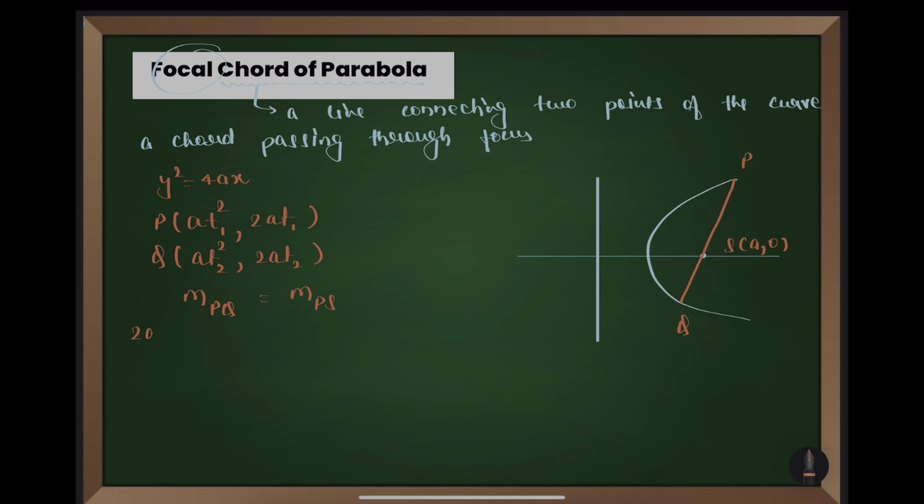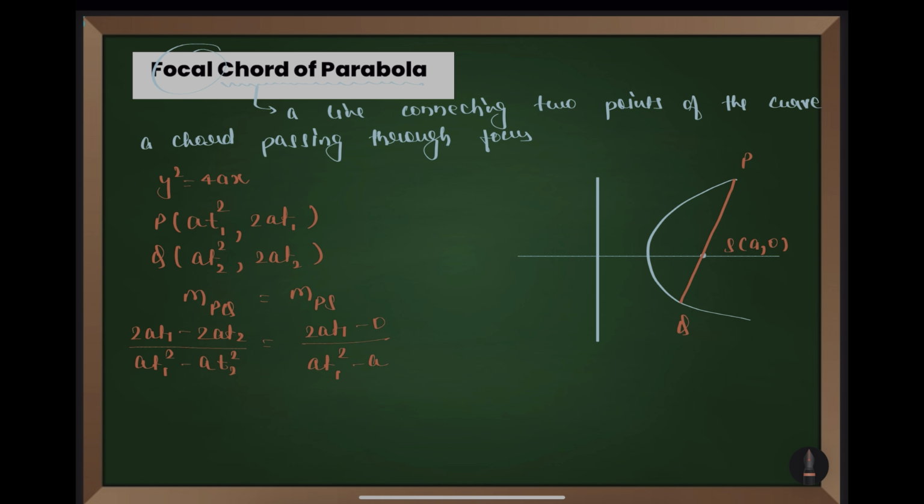So y2 minus y1 upon x2 minus x1: (2a t1 minus 2a t2) upon (a t1 square minus a t2 square) is equal to (2a t1 minus 0) upon (a t1 square minus a).